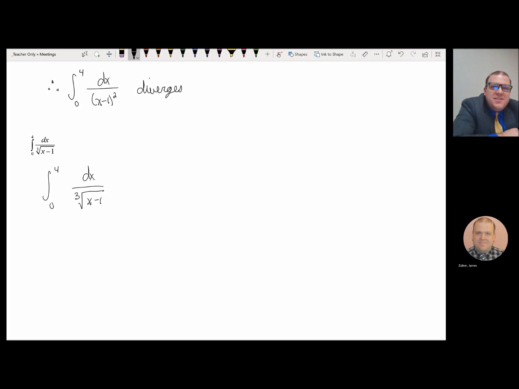What is the integrand? Where is that discontinuous? Is 1 in the interval? This is improper. So you split your interval at points of discontinuity.